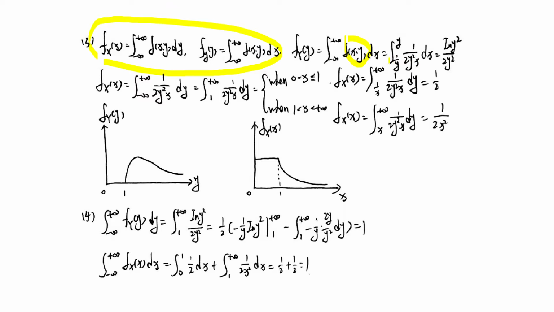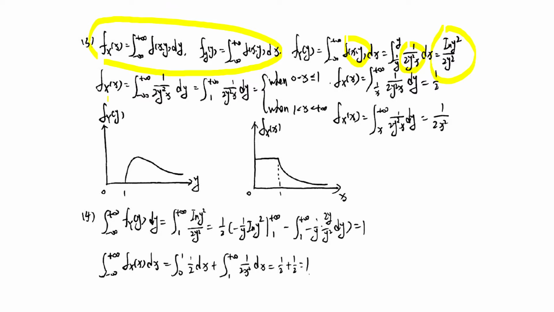So the upper limit and lower limit would be 1 divided by y and y here. So we can just integrate this part from 1 divided by y to y. So we can find that f(y) looks like this.